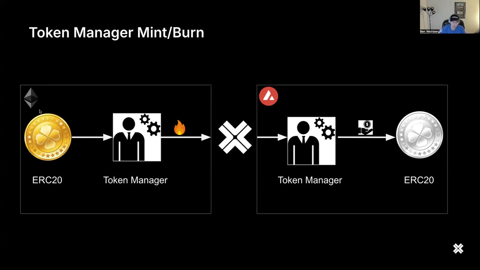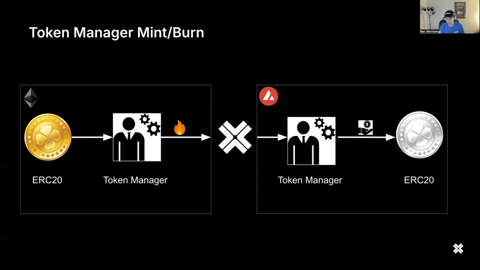I have an ERC20 on Ethereum and on Avalanche. I will now call the interchain transfer function on my token. This basically tells the token manager to burn my token on the source chain, on Ethereum. Once that's burnt, we send a cross-chain message to the Axelar network. Remember, this is blockchain for blockchain, 75 validators. These validators all come to consensus about the message that was sent.